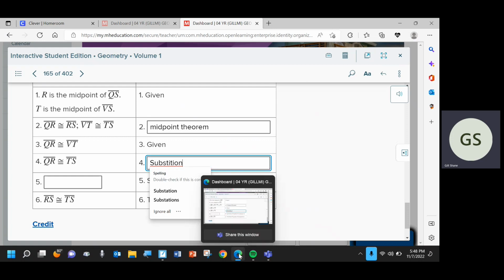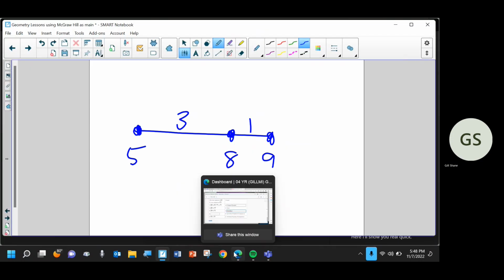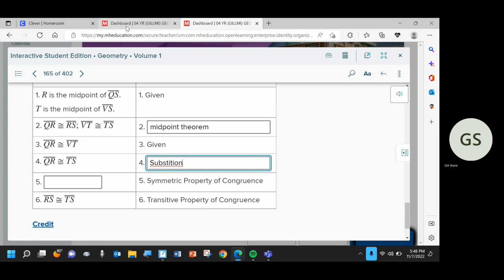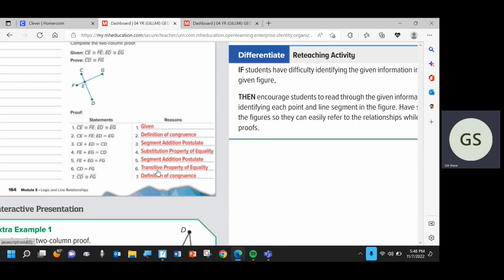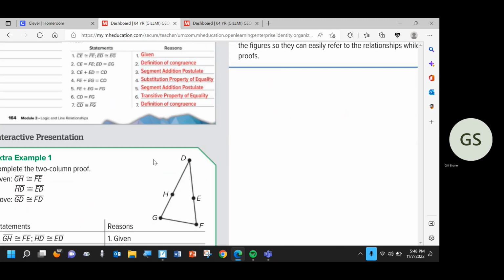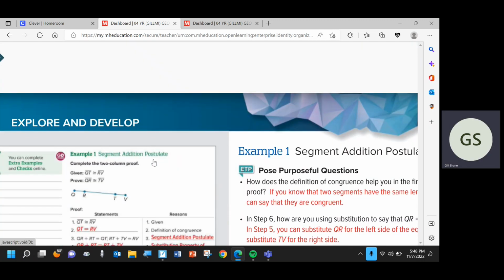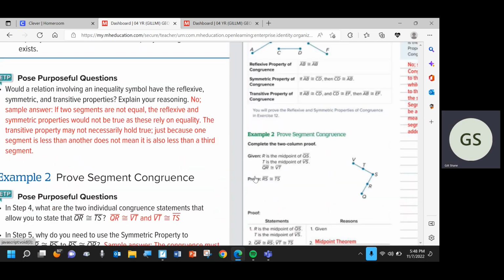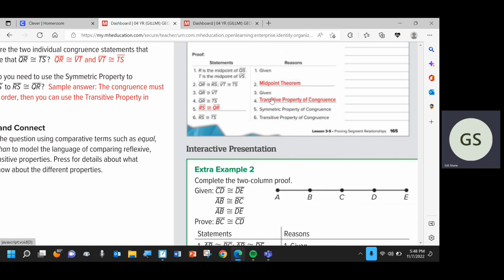Oh, actually, here, I'll show you real quick. Next page. Yeah, there we go. So they use transitive property. They use that twice actually.